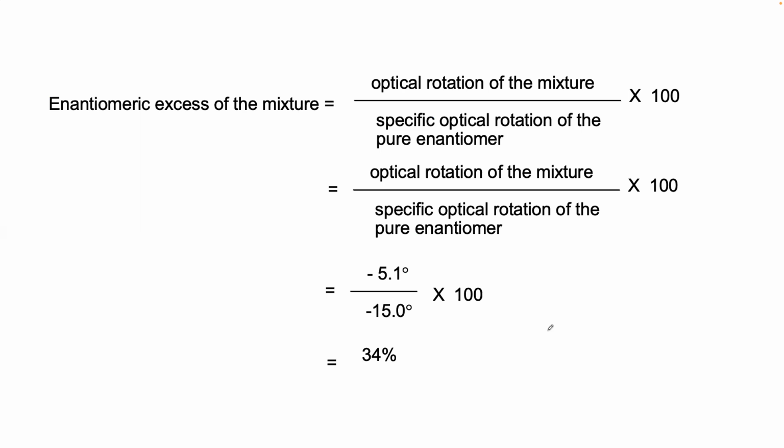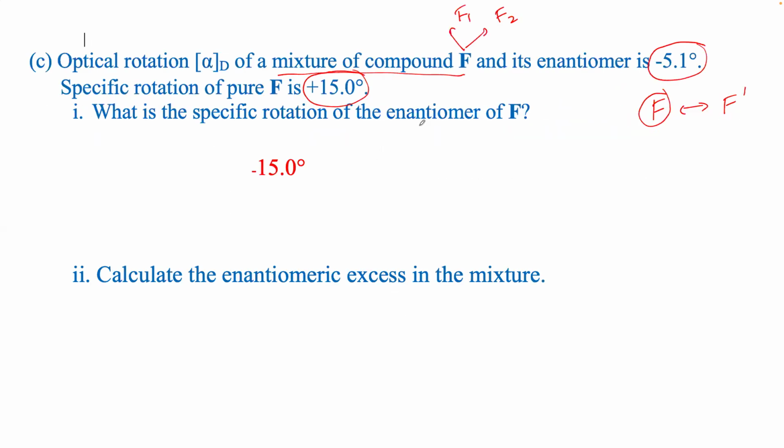The enantiomeric excess of this mixture is the optical rotation of the mixture, minus 5.1, which is given, divided by minus 15, the specific rotation of the pure enantiomer, F.